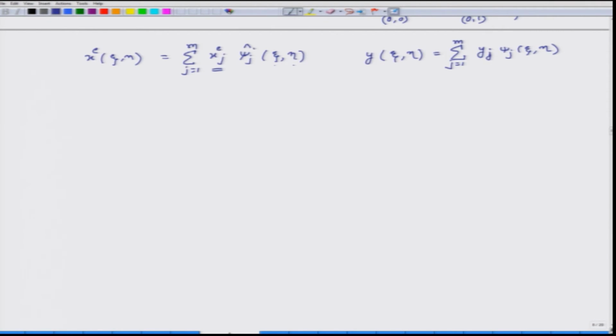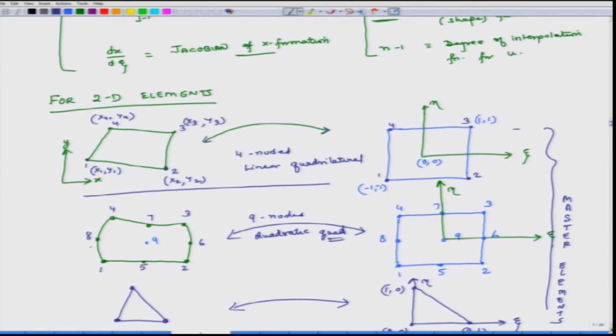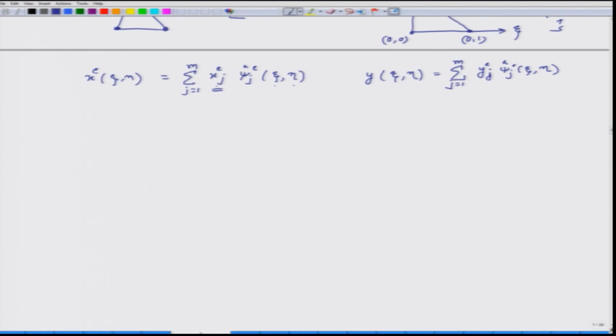So these are specific to each element, and this is hat. The psi function does not change, because the psi function is always in the zeta eta coordinate system and the location of this square is standard. So these shape functions do not change when I move from one element to another, but what changes is the coordinates of each element. Okay. So the coordinate transformation relation changes from one element to another.